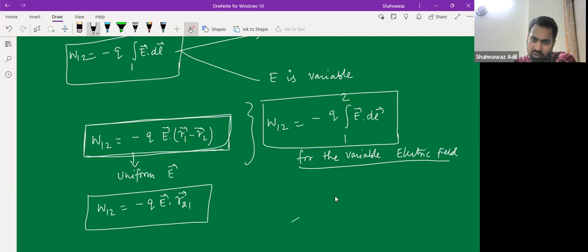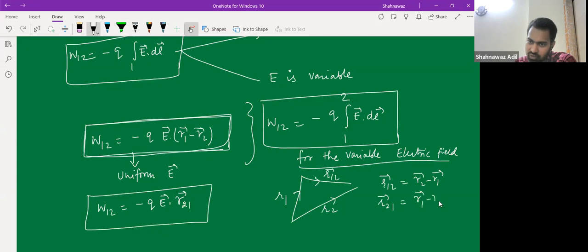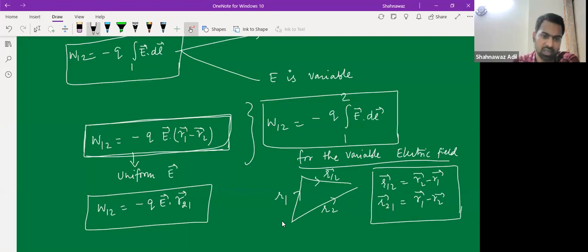Because R21 would be how much? Let's say this is R2, this is R1, and this is R12. So R12 would be R2 minus R1, and R21 would be R1 minus R2. Just remember the vector portion, then you would be able to understand. Is that clear, guys?